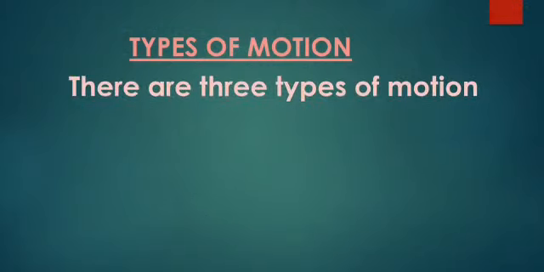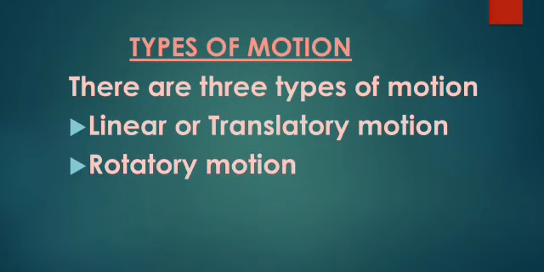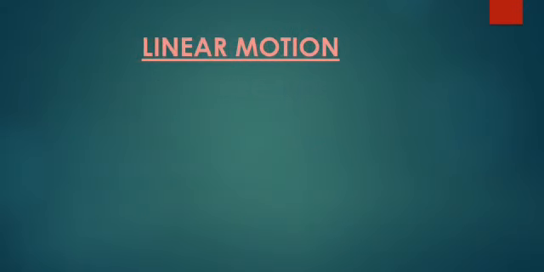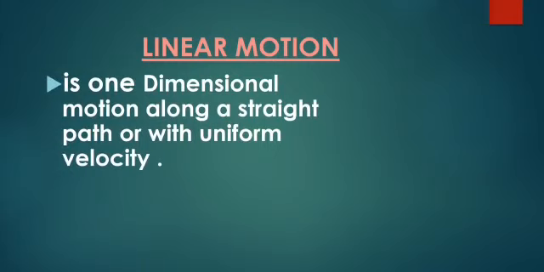Here we have three types of motion basically: linear or translatory motion, rotatory motion, and vibratory motion. What is linear motion? It is the motion in one dimension along a straight path or with uniform velocity.